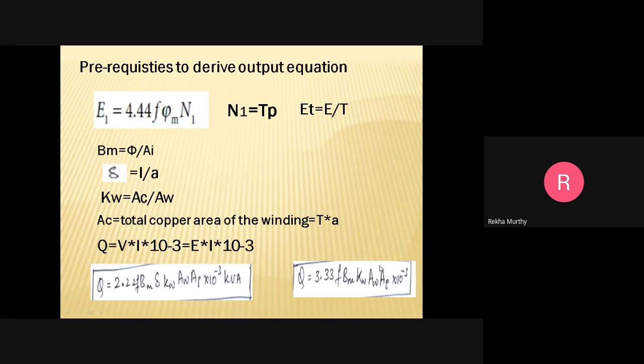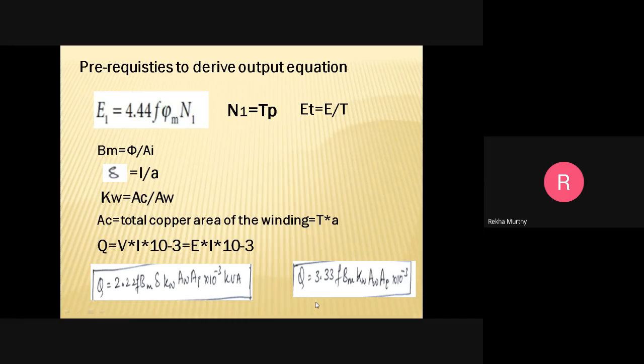Then for the three phase transformer, this is the output equation. Can you identify what is the change between this and this? Anything that's different from single phase to three phase? Density is missing, sorry, it is not printed here.